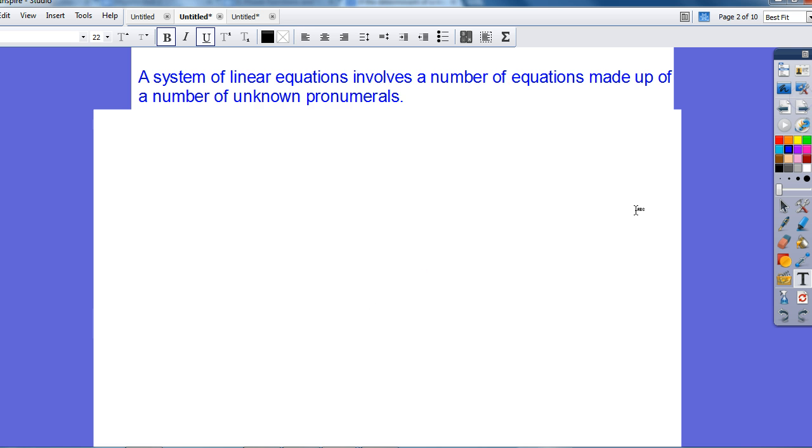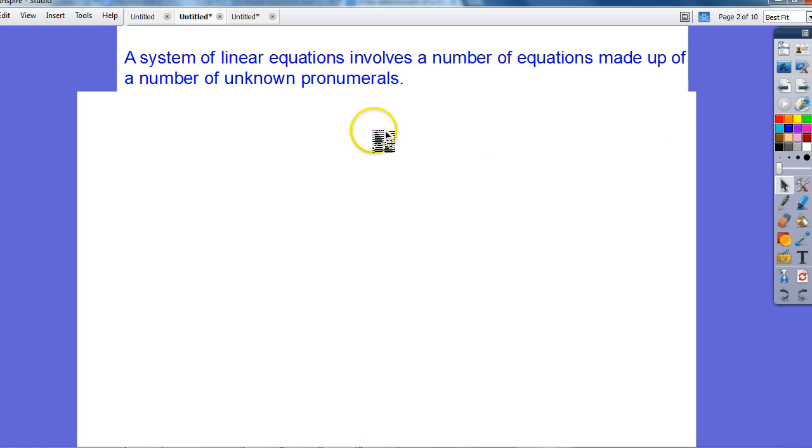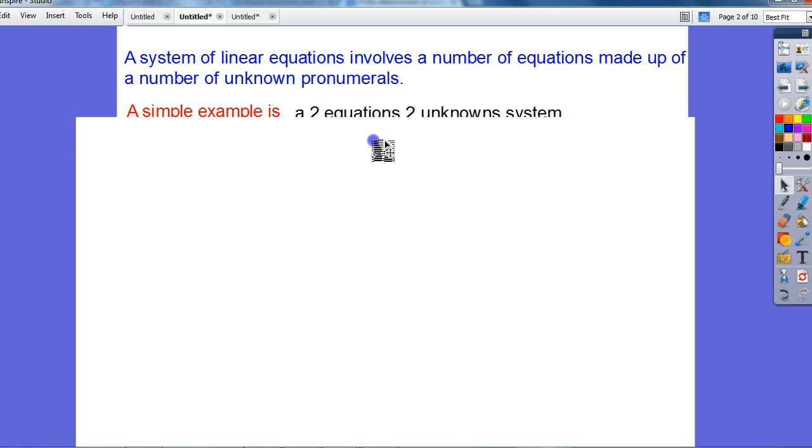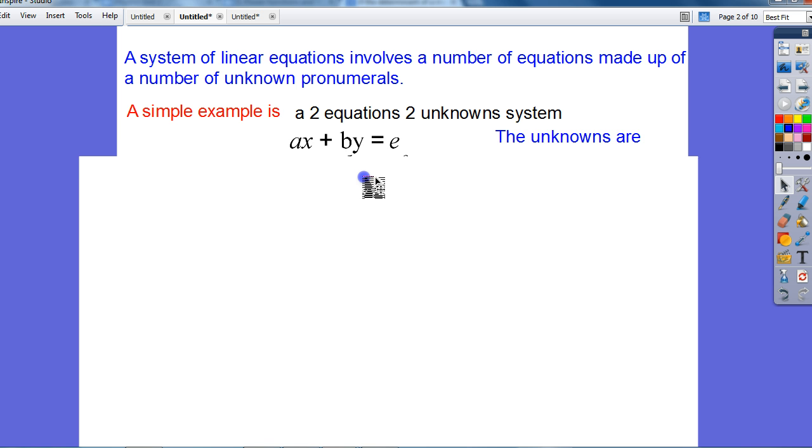Alright, so first off, a system of linear equations involves a number of equations made up of a number of unknowns. So you could have two unknowns with two equations. This could be an x and y coordinate, and we could have two straight line equations for finding an xy coordinate, a point where they intercept.